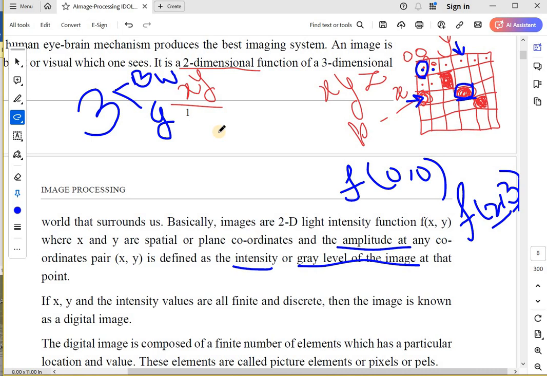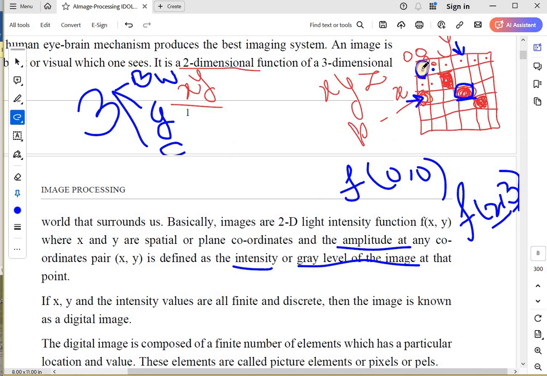A grayscale image is an image which has black color, which has white color, and it has a number of gray levels. Light gray, dark gray, very dark gray, very light gray, medium gray, all such shades of gray are possible. So that is a gray level image. And then the last one is what we call a color image.